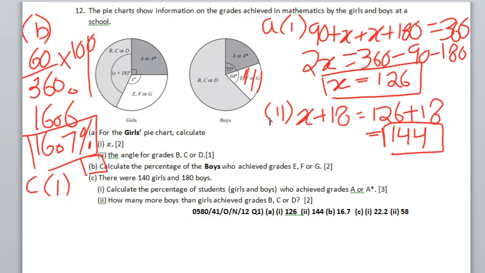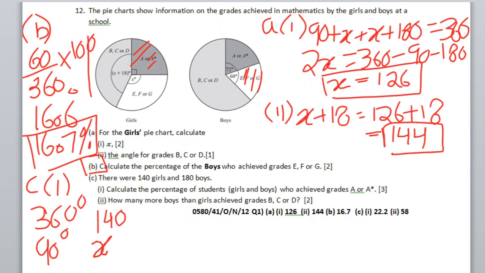Alright, so first we are trying to find the number of girls in this region. We know that 360 degrees is the whole angle, and the total number of girls is 140, and the angle represented by the sector A or A star is 90 degrees.